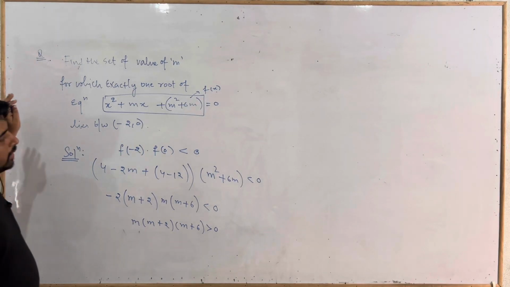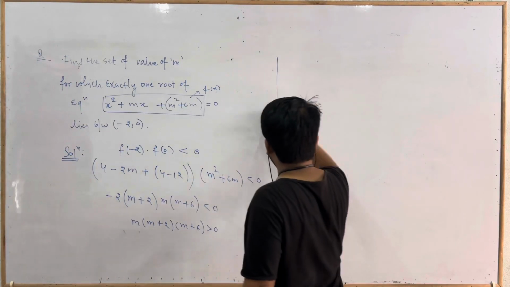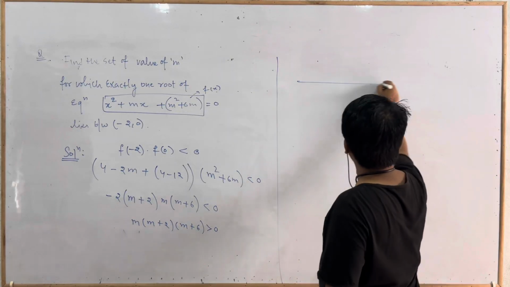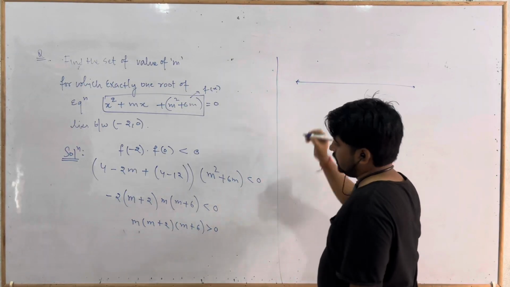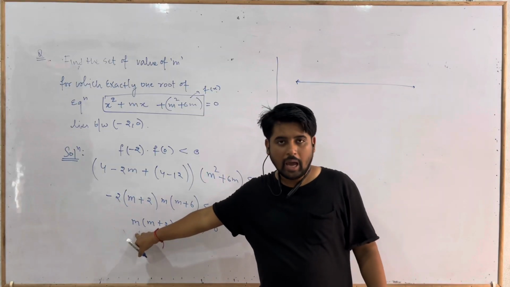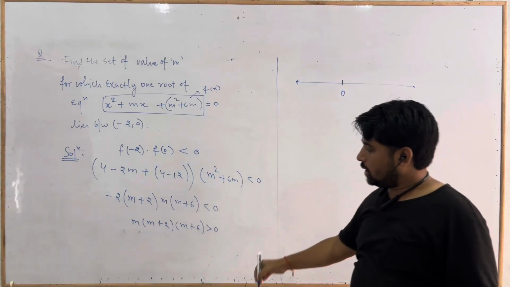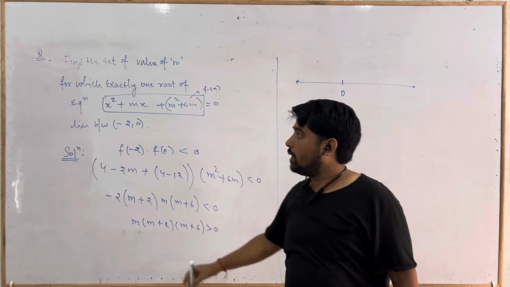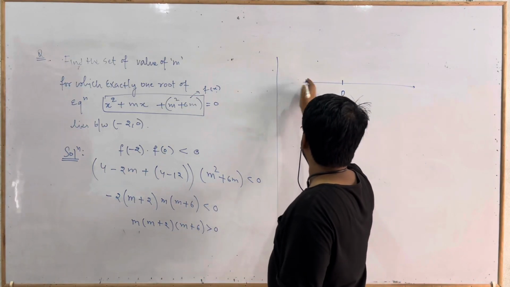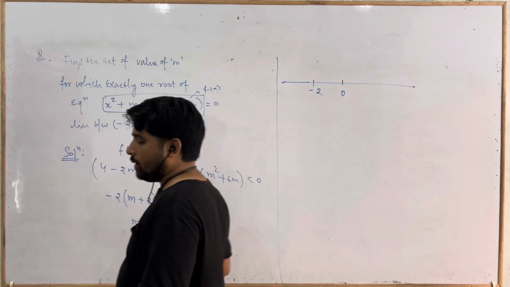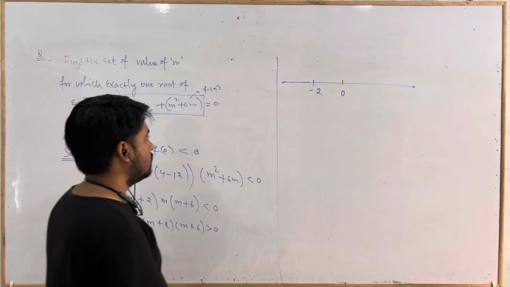Okay, now use the wavy curve method. Draw a number line here. This factor will be 0 at m equal to 0. This factor will be 0 at m equal to -2. And this factor will be 0 at -6. So this is -6 here.